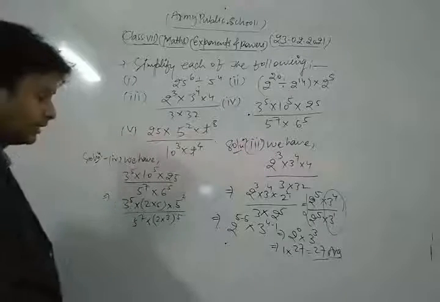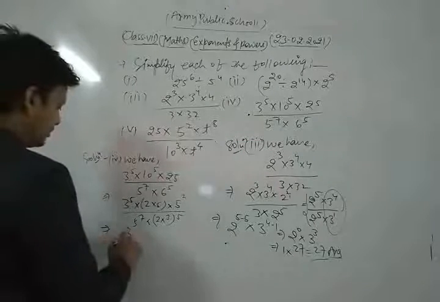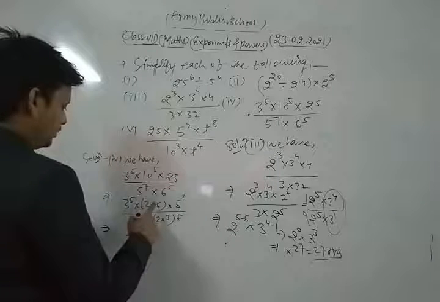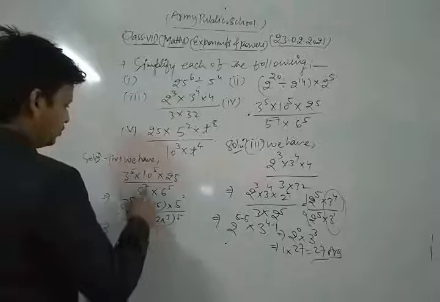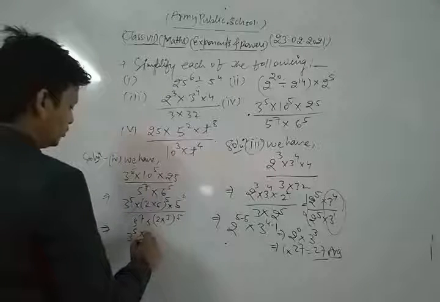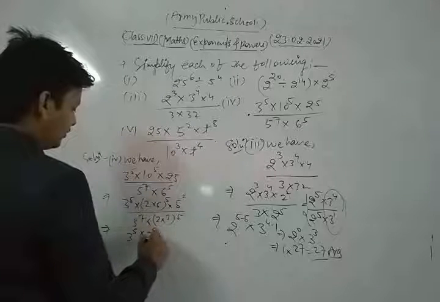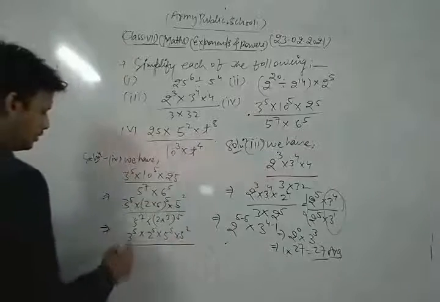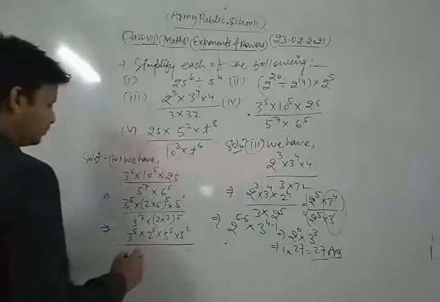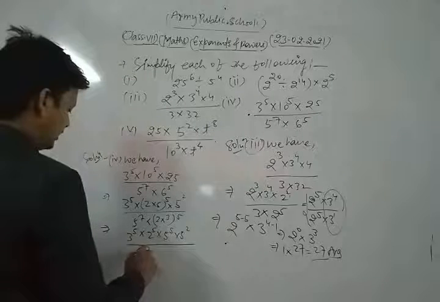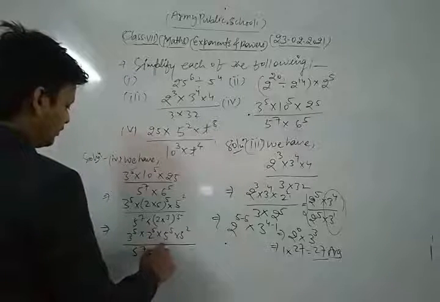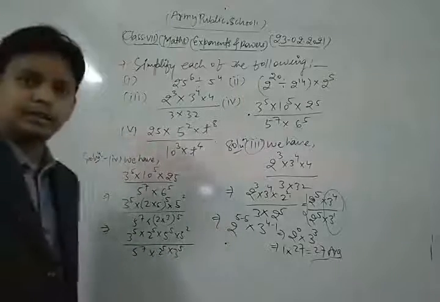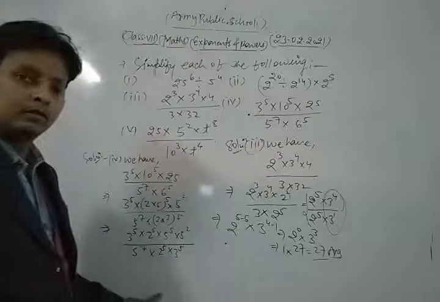Okay, so now we expand them. So we write 3 power 5 into 2 power 5 into 5 power 5, into 5 power 2 as it is, upon 5 power 7 into 2 power 5 into 3 power 5. Okay, so we break the brackets.